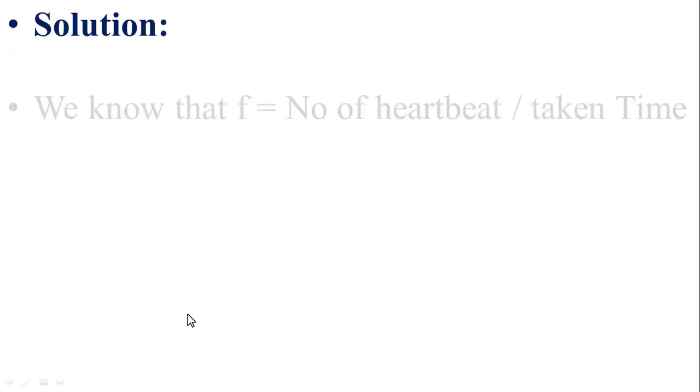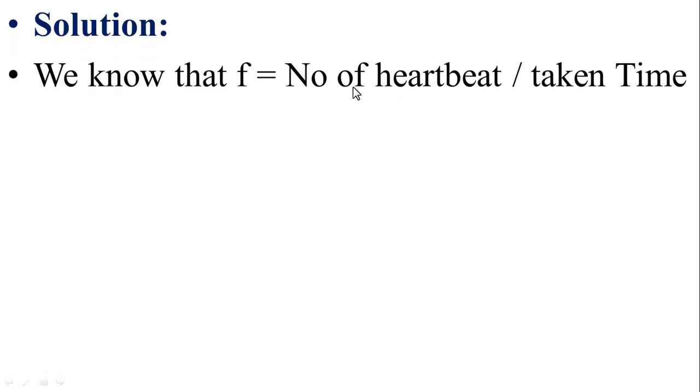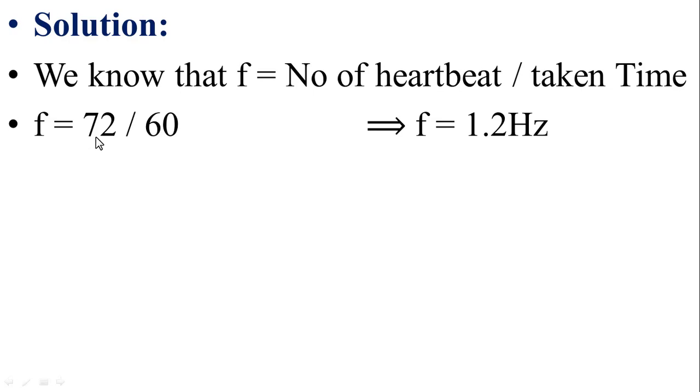Finding the solution, we know that f is equal to number of heartbeats divided by time taken. Then f is equal to 72 divided by 60. 72 divided by 60 is equal to 1.2. This implies that frequency is equal to 1.2 Hz.